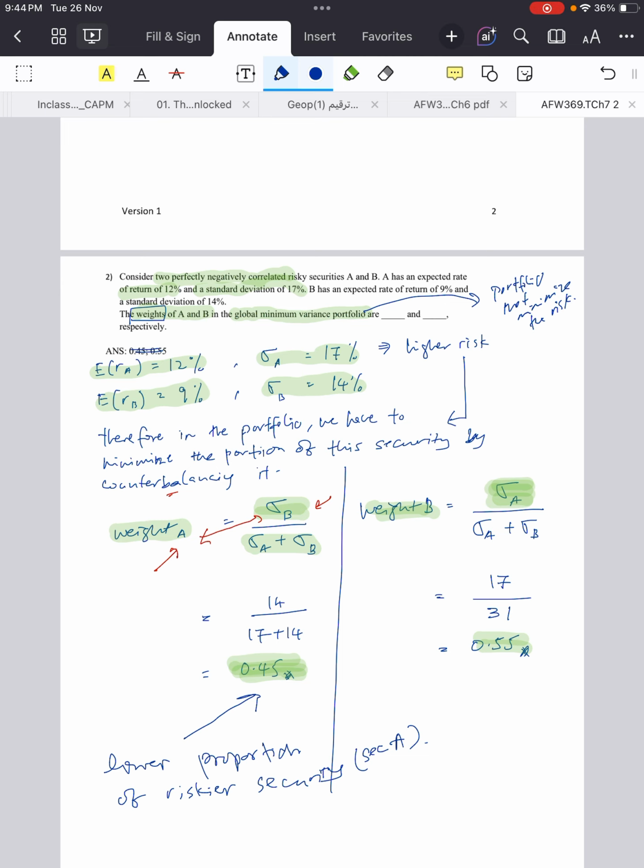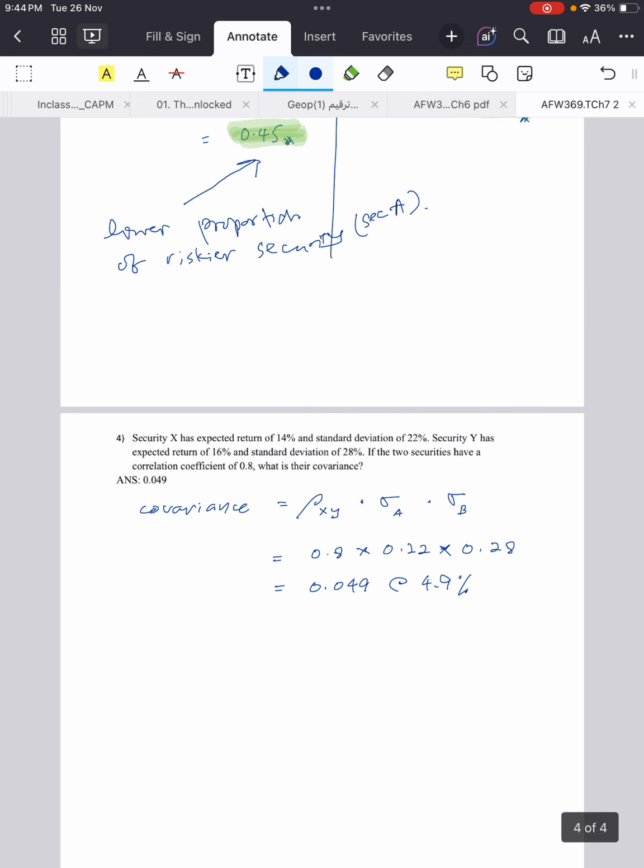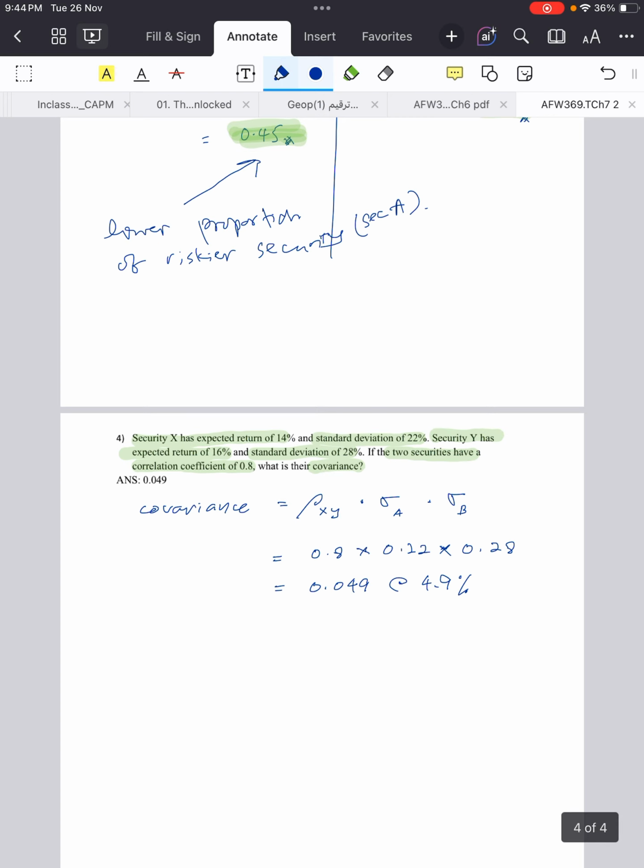Now let's move to question number 4. Number 4 is very simple. Security X has an expected return of 14% and a standard deviation of 22%. Security Y has an expected return of 16% and a standard deviation of 28%. If the two securities have a correlation coefficient of 0.8, what is the covariance? Here you need to memorize the covariance formula.